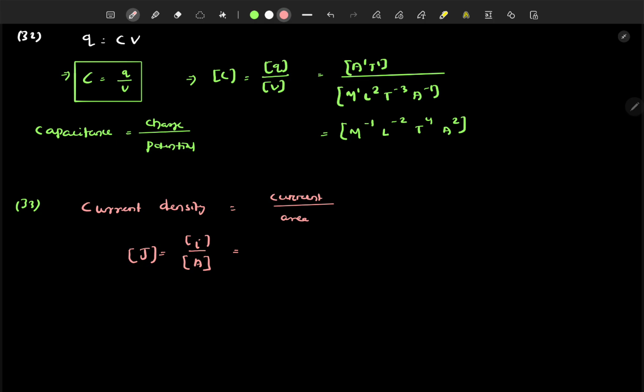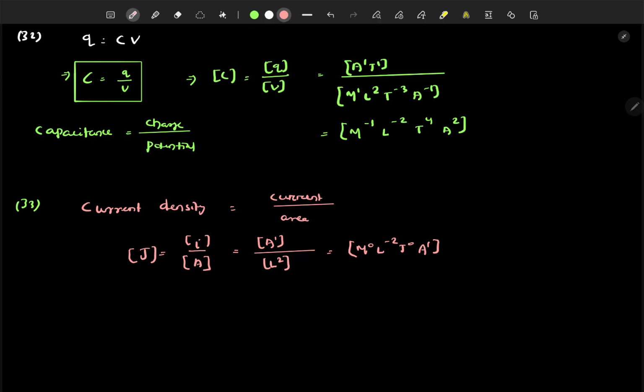The current dimension is A1, the area dimension is L2, so it will be M0 L minus 2 T0 A1. So 0, minus 2, 0, 1, that is the dimension of current density.